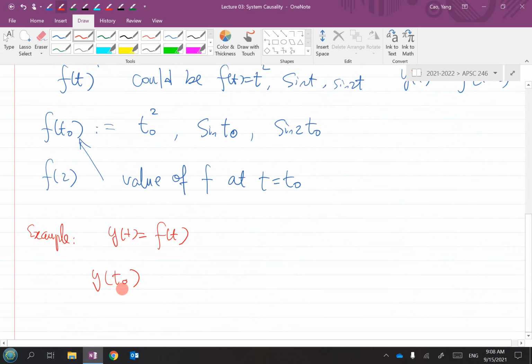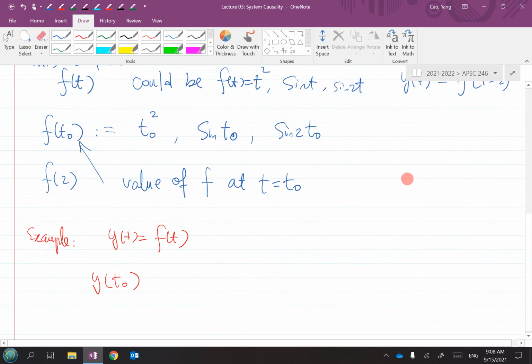If I replace the t with t naught, then the expression here means this is the output value at t equal to t naught. That makes sense, right? So according to the system, what is the output then? The output is f of t, so this is equal to f of t naught.